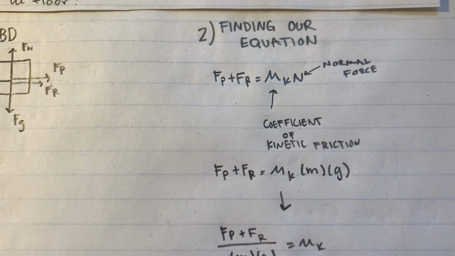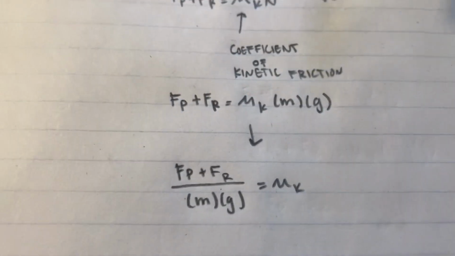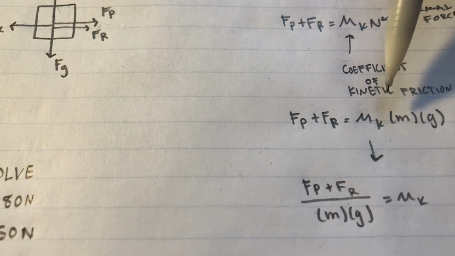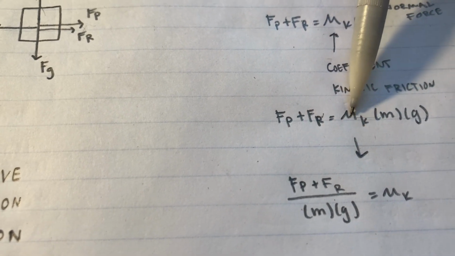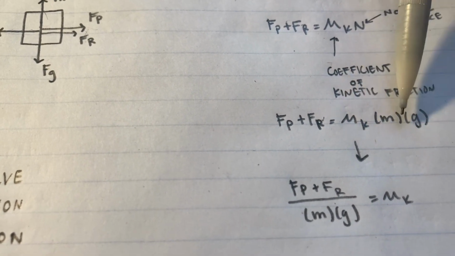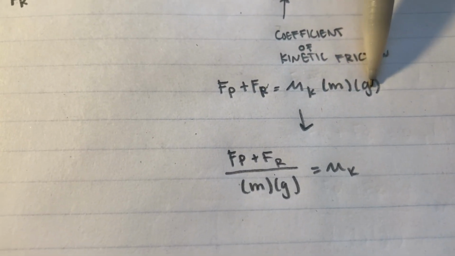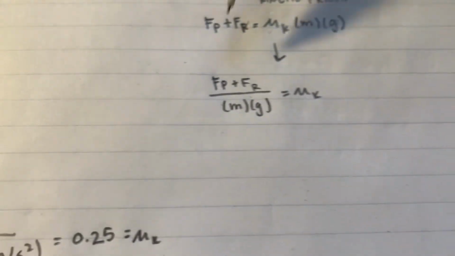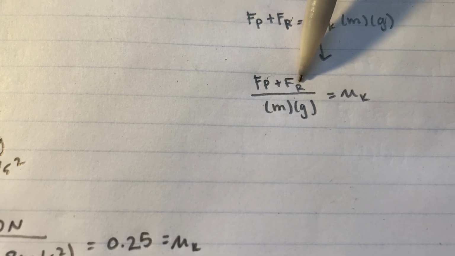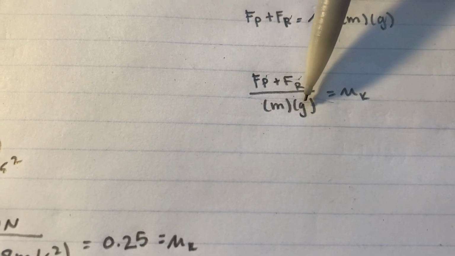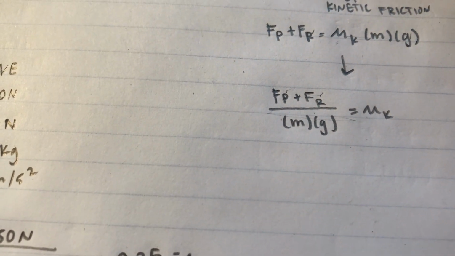Because the crate is moving at a constant speed, we can derive this equation from it, which is the force of the push plus the force of the rope being equal to the coefficient of kinetic friction multiplied by the mass times the gravity. Then if we rearrange it, we get this equation: force of the push plus force of the rope divided by the mass times the gravity, all equal to the coefficient of kinetic friction, which is what we're trying to find.